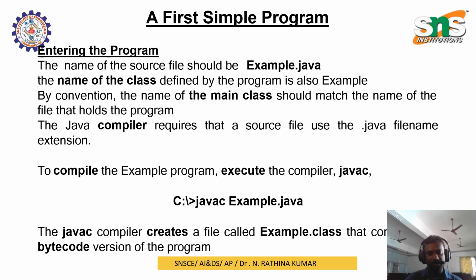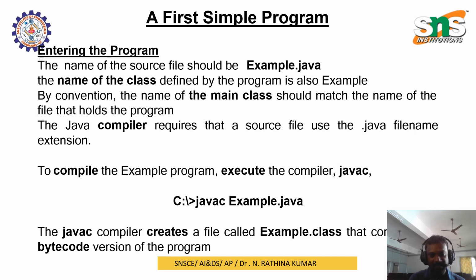Next, two important things: how to compile a Java program, and how to run a Java program. The very basic thing is, if you want to compile the program, we must write javac file name .java. See that line.